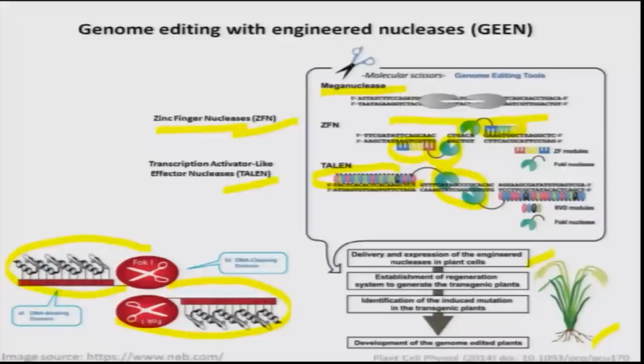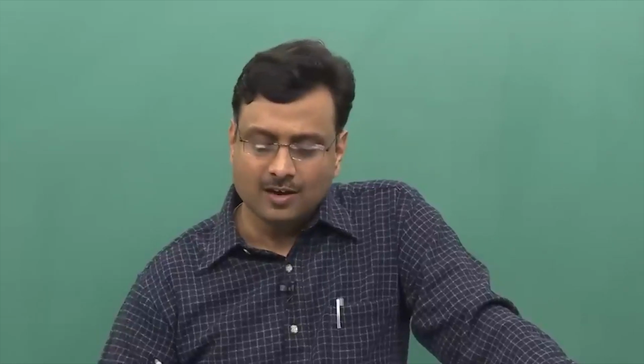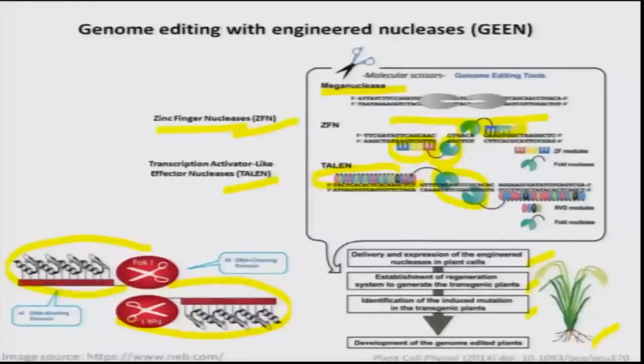You make the protein get into the cell and express there, and once the protein is there, it is going to cleave that region of the DNA. If such cuts are made, then the cell tries to repair. In this process, as we discussed a little earlier, there may be loss, there may be gain, there can be alterations. As a result, the function of the gene is lost, and then you allow the plants to grow and look at the desired phenotype.